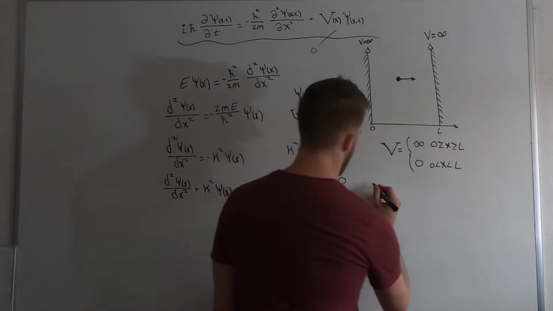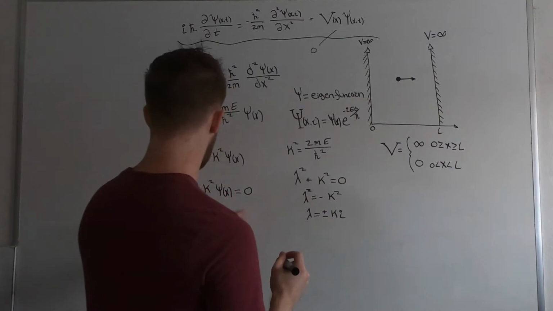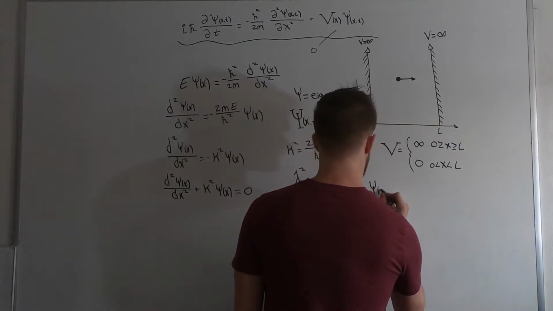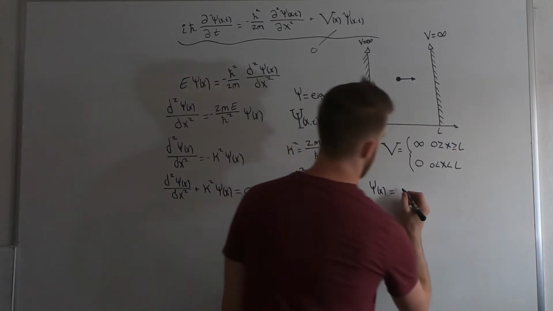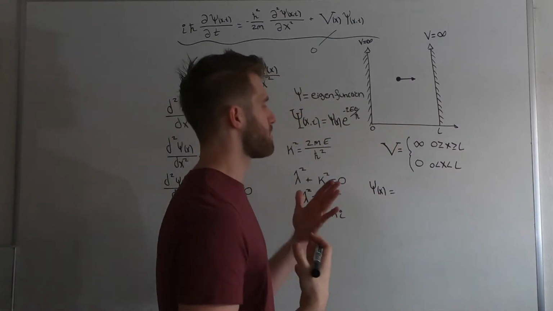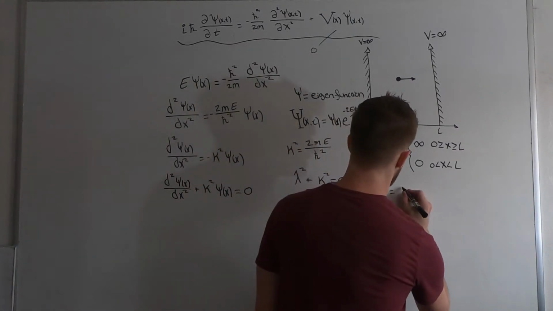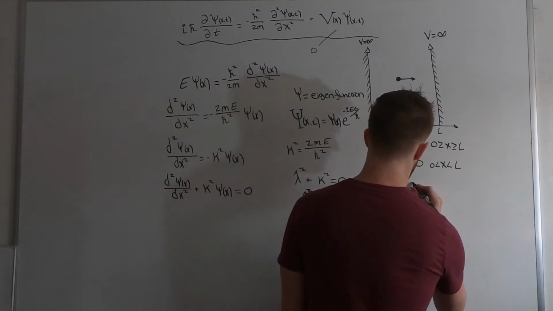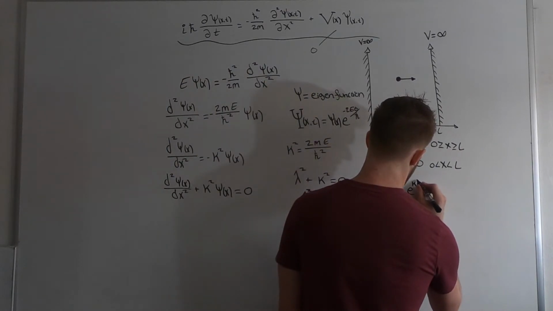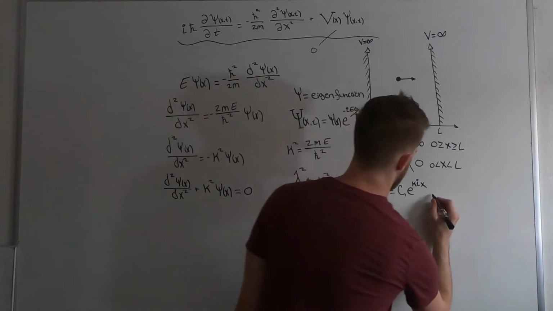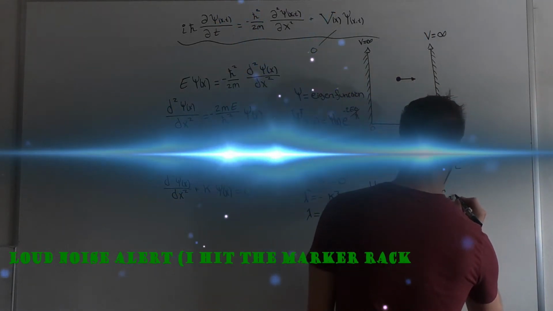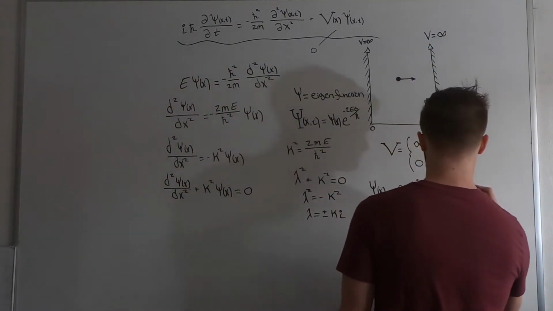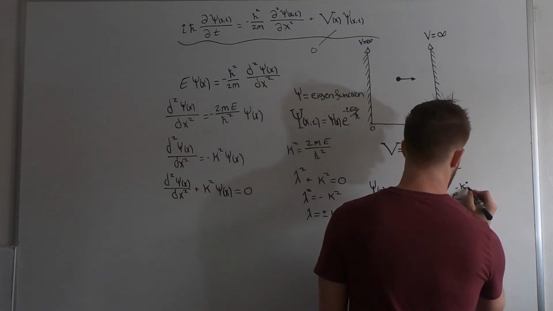So psi of x is equal to some particular constant, C1, times e raised to the kix, plus C2 times e raised to the minus, since we have our conjugate pair, minus kix.